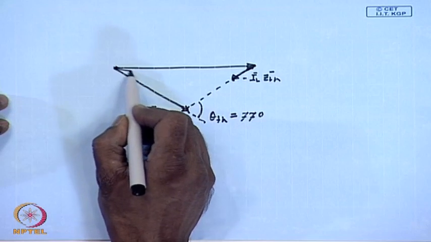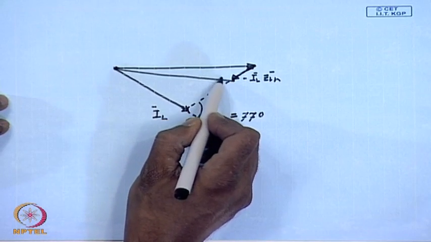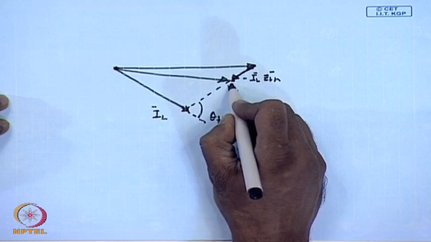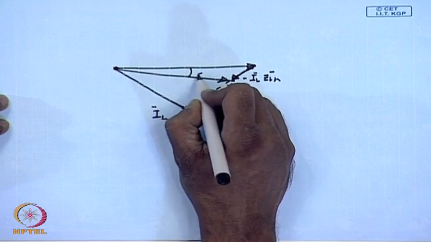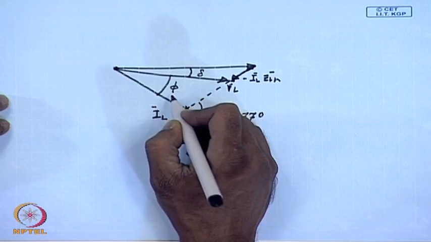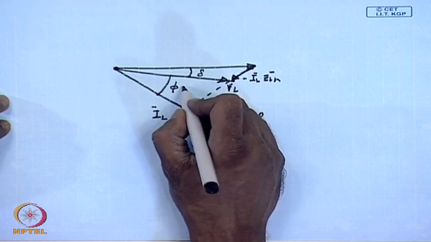Therefore, the phasor VL will be this. This is VL. Let us say this angle is delta and the power factor angle phi is given as cos inverse 0.8.